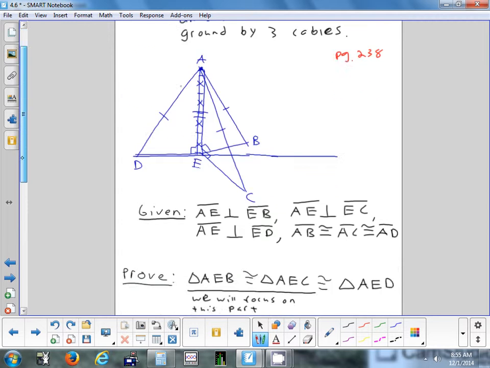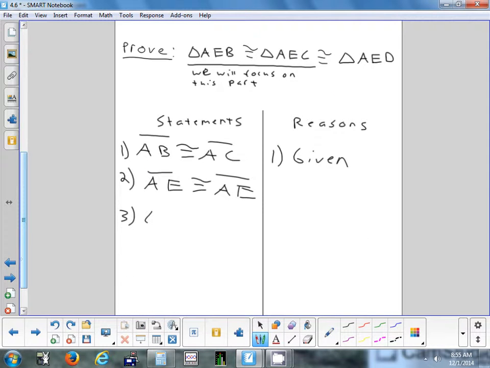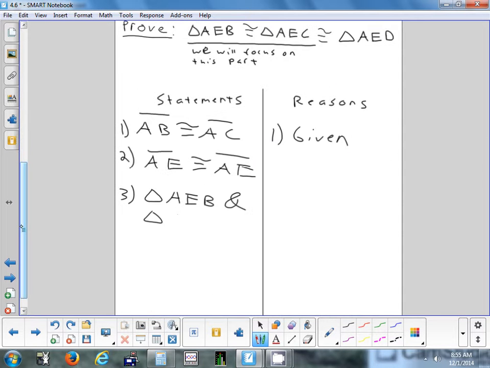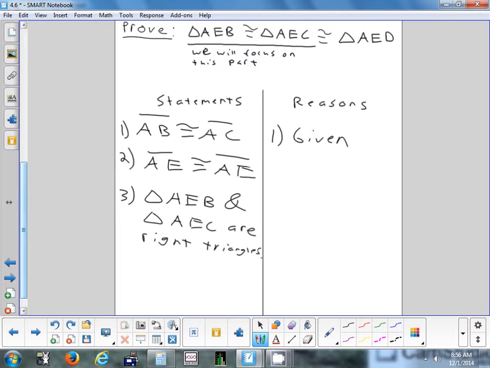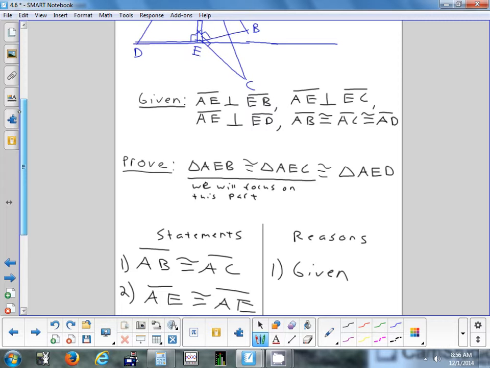Triangle AEB and triangle AEC are right triangles. Okay, the reason, that's the definition of a right triangle.